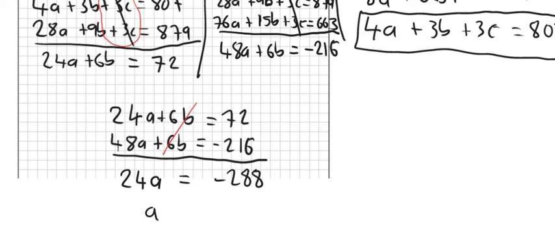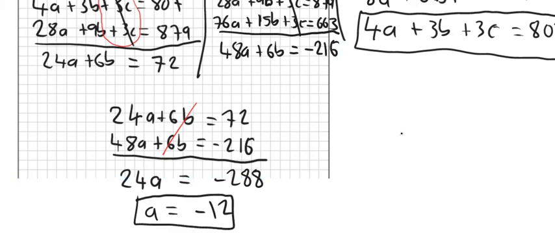And then to get a, we're just going to divide that by 24. And we're getting 12 there, so we get a nice answer for a. So it'll be minus 12. So a is minus 12. We've got one of them anyway.